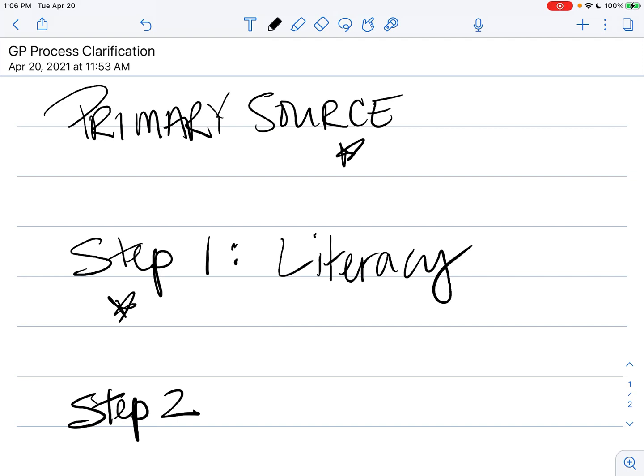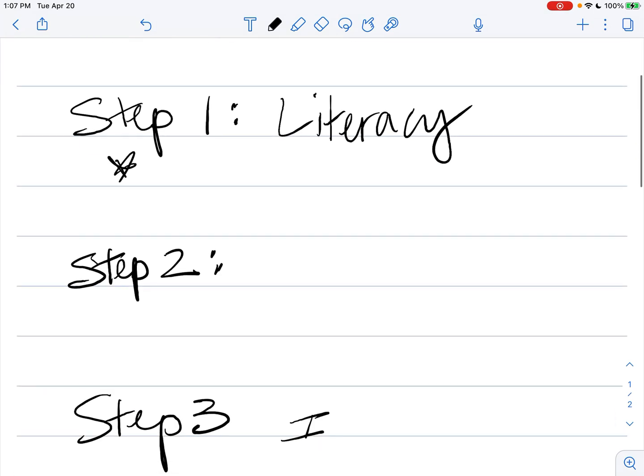And then for step 1, I invited you to reach out and ask other people, teachers, as well as find secondary sources to help come up with your own definition of literacy.